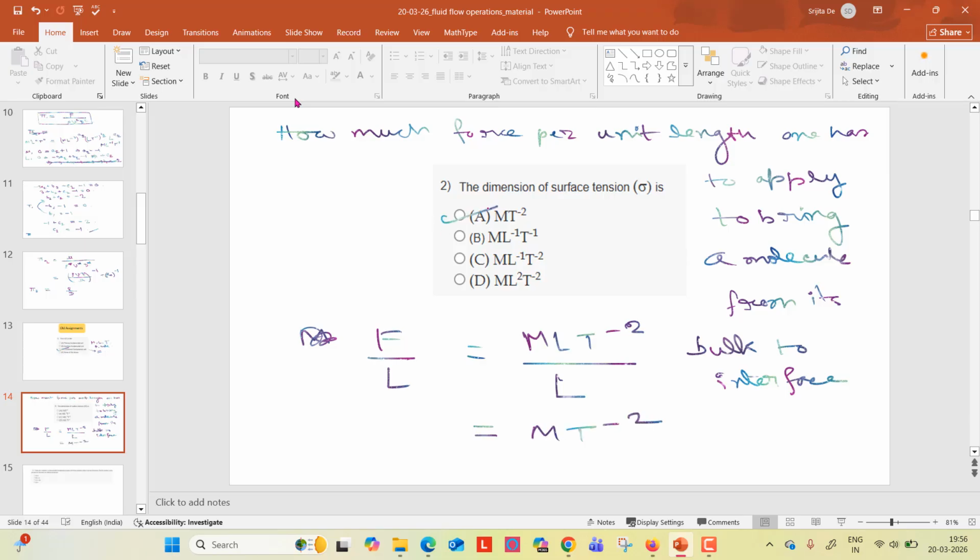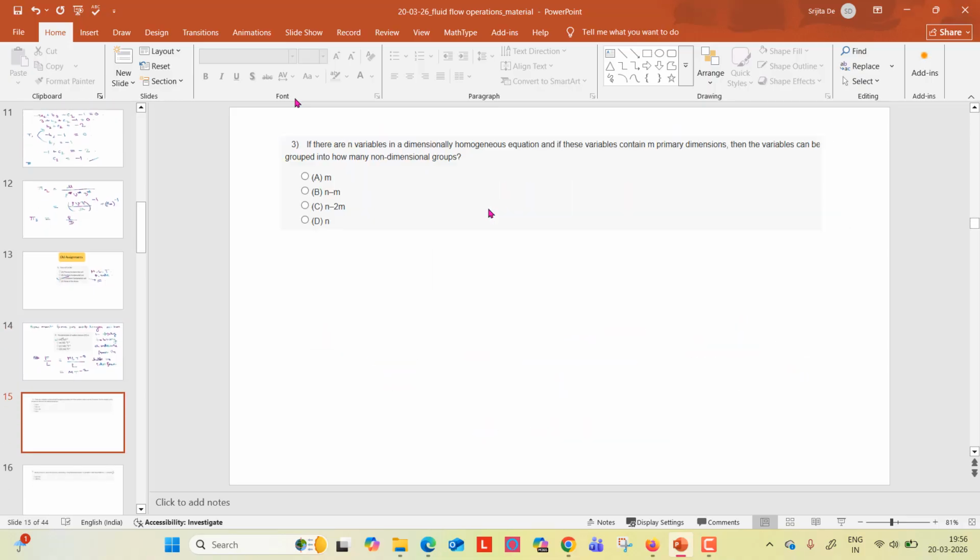Option A. Okay. Next. If there are n variables in a dimensionally homogeneous equation, and if these variables contain m primary dimensions, then the variables can be grouped into how many non-dimensional groups? So it is easy.